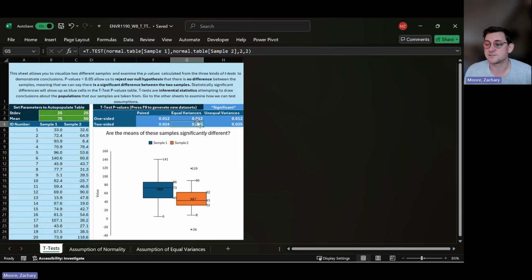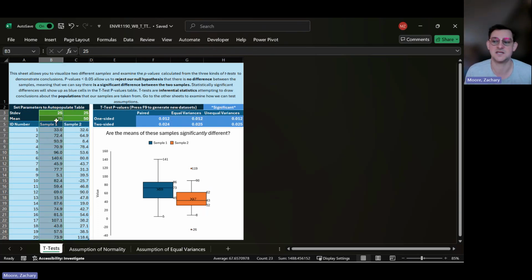So that's what we're trying to get at here, aside from just describing what the samples are. So thinking about it has a mean of 75 and a standard deviation of 25, we're using inferential statistics to say that, to the best of our understanding, based on these samples, the populations of 1 and 2 are likely different from one another. And that's kind of what we're getting at here.